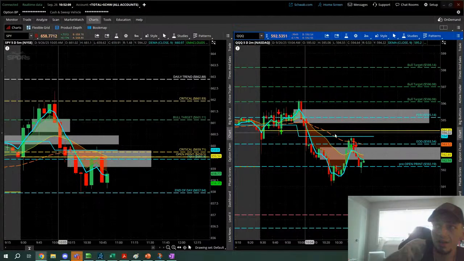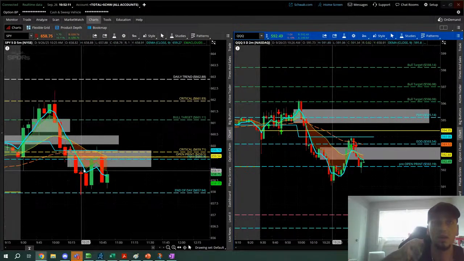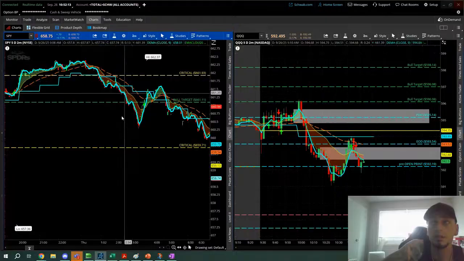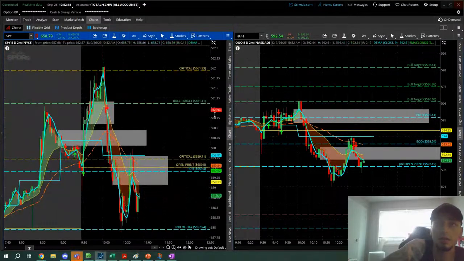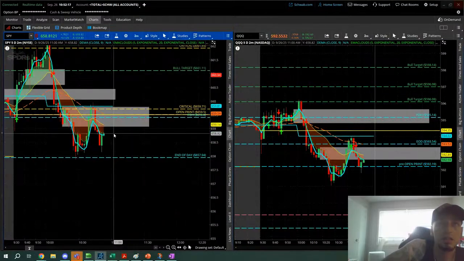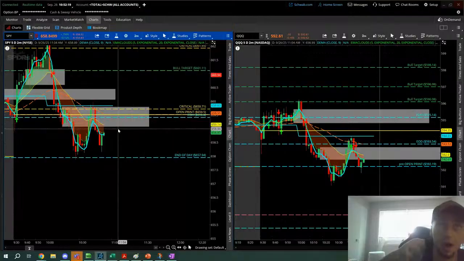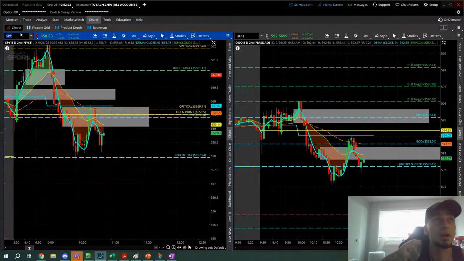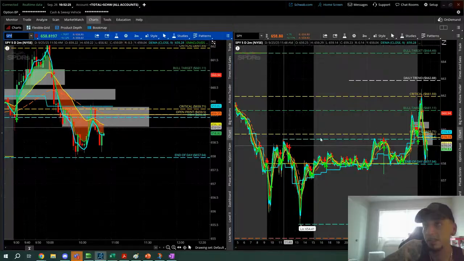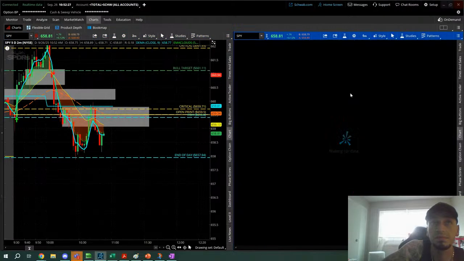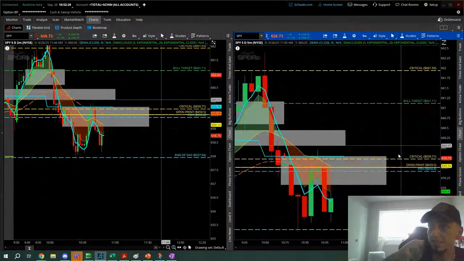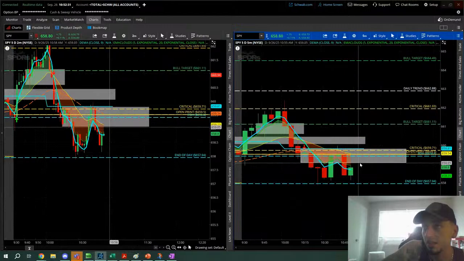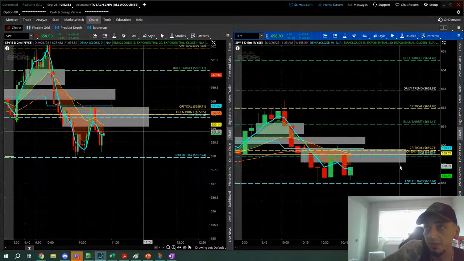Coming back into EOD. That's not EOD. Oh, that's QQQ. Okay, that's SPY. All right. Watch it. We're getting ready here to come up and retest. Staying patient. Let's see what we get here.